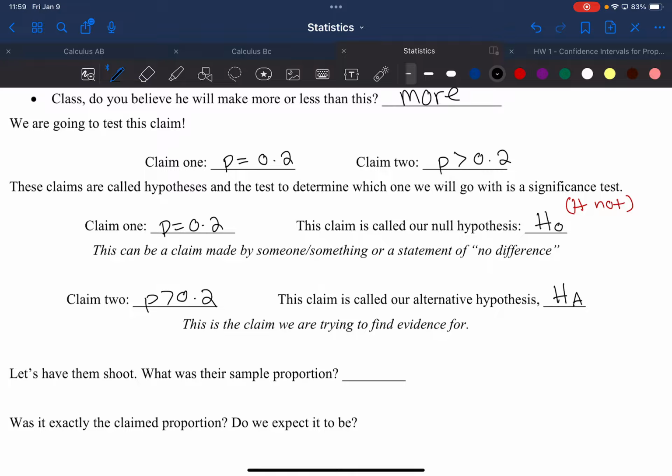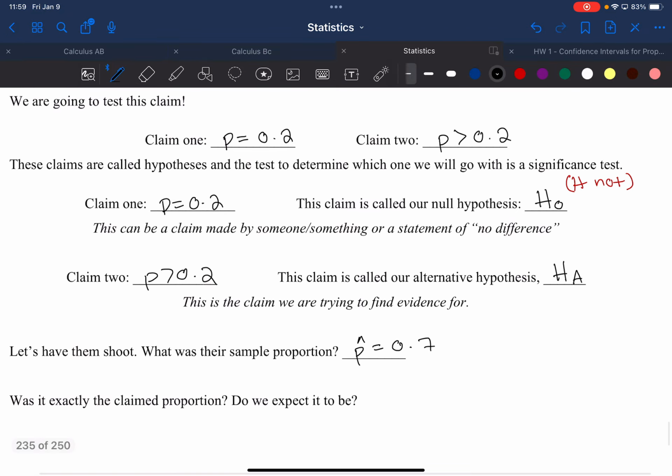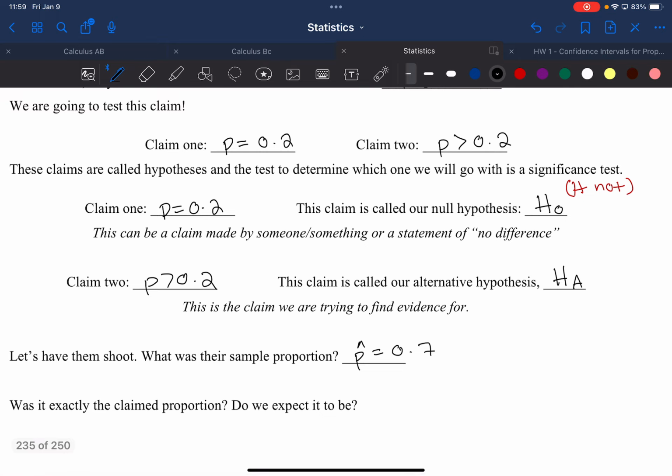So when he actually did the little experiment above, we found that his sample proportion, or in other words, p hat, was equal to 0.7. He made 7 out of 10 shots. Remember, our original claim was that he was only going to make 2, and then our claim as a group was that he was going to make more than 2.